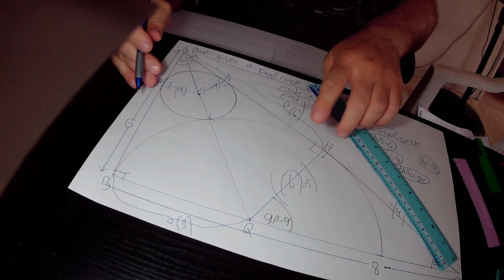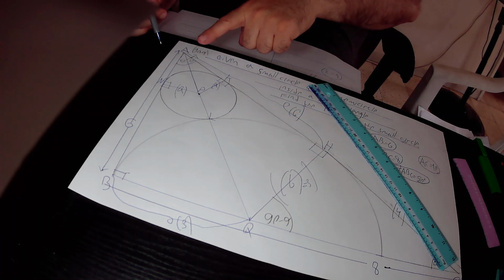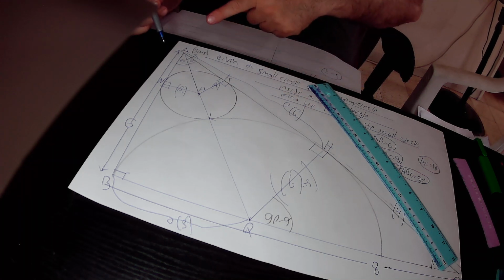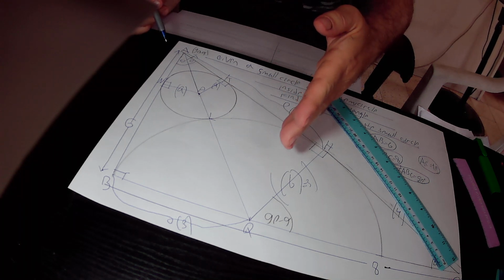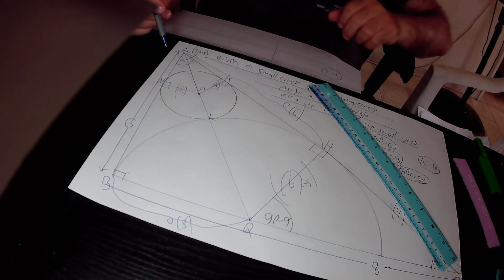Again, here QA is the angle bisector of angle A, and QA passes of course through point Q, that is the center of this big semicircle. So I write it down.